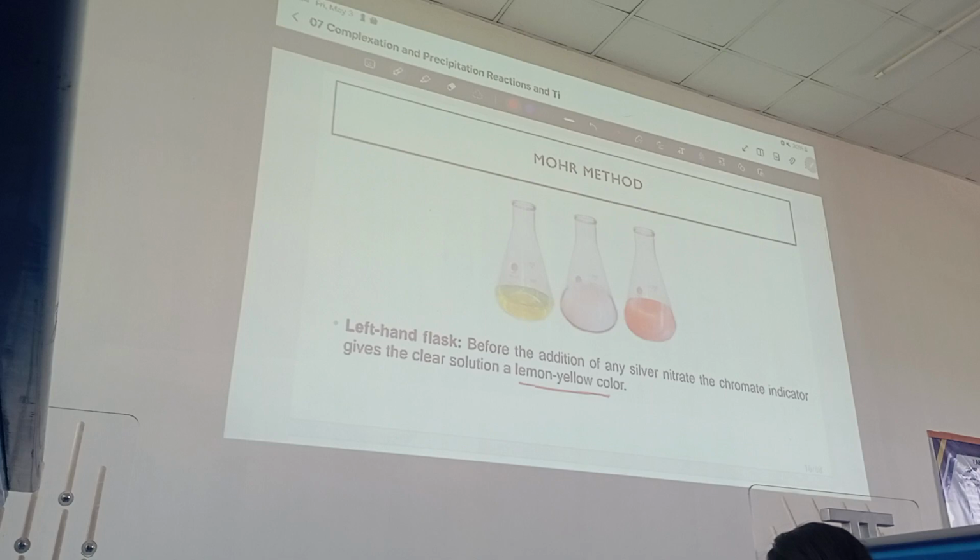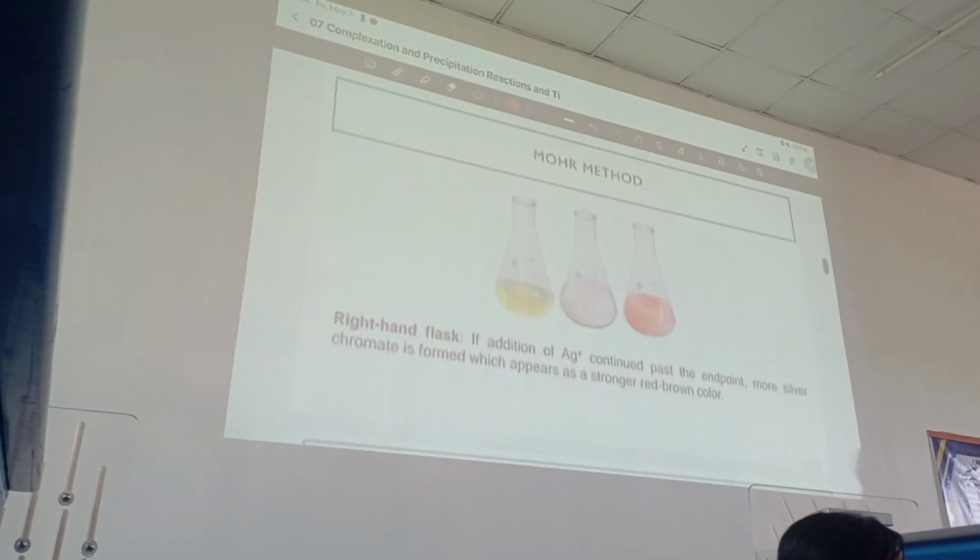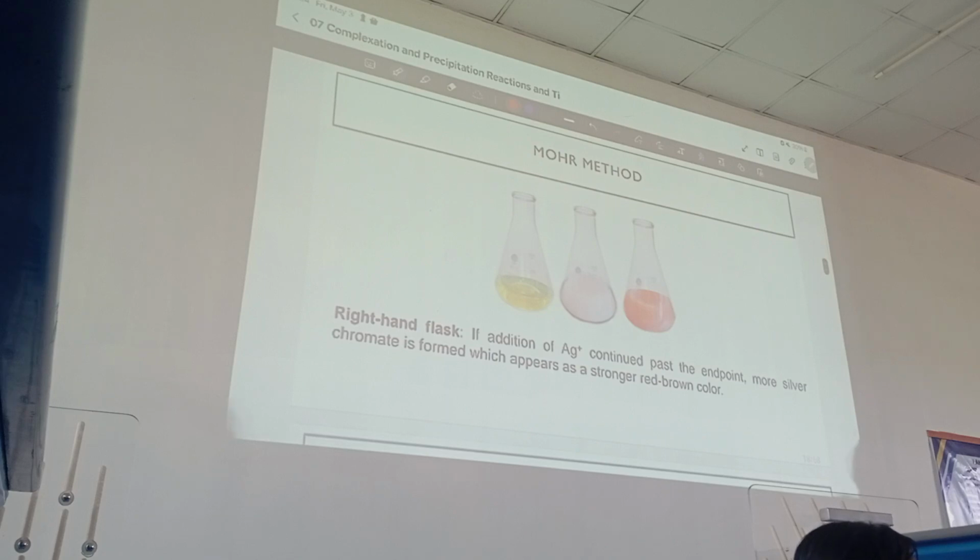Sa center, slight red-brown coloration, that's your endpoint. Sa right hand, strong red-brown color or red precipitate.